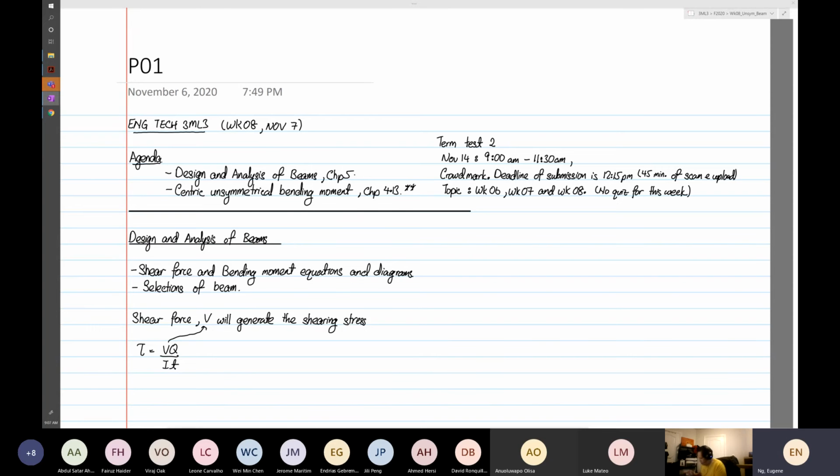And then if you look at bending moment, we know already bending moment. Right, bending moment, and this is M, will generate normal stresses.